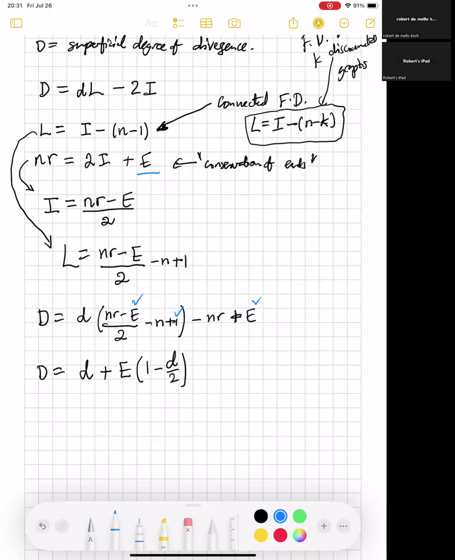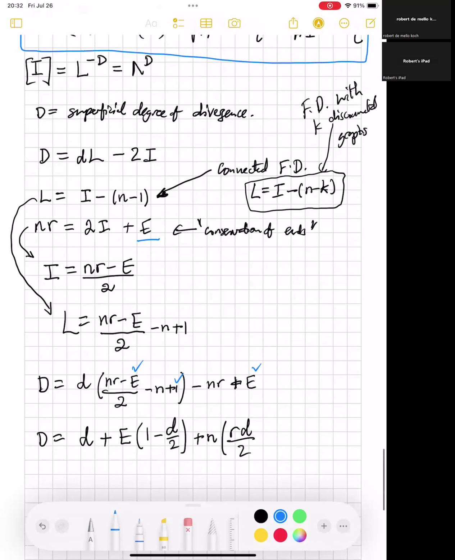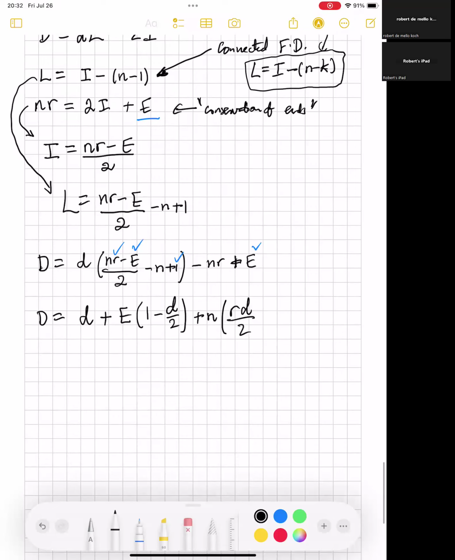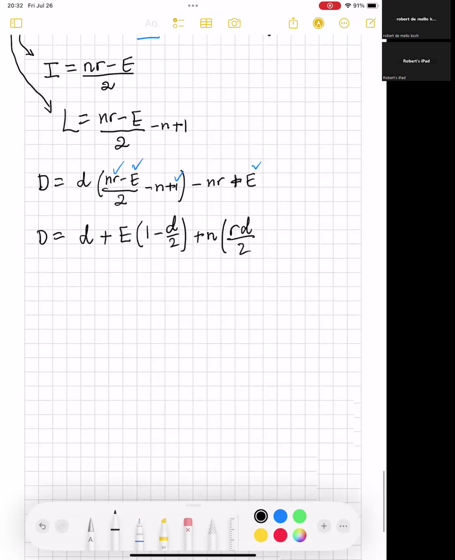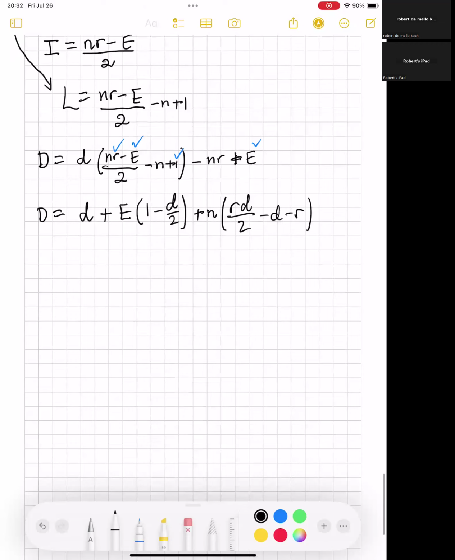And then finally, we will have a term which is proportional to the number of vertices n, and we will have rd over 2, good, that term has gone, minus d minus r. And now that's the minus d, that's the minus r. Good. So this is now the formula for D. This is an important formula. This is the central formula in power counting.